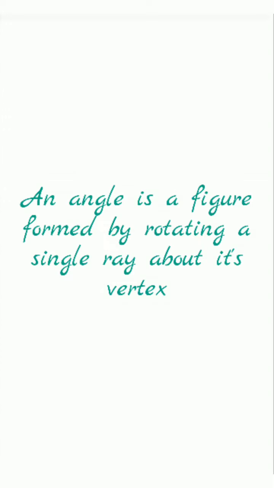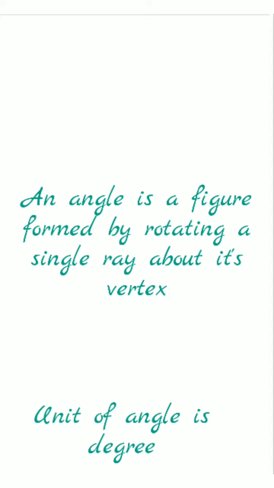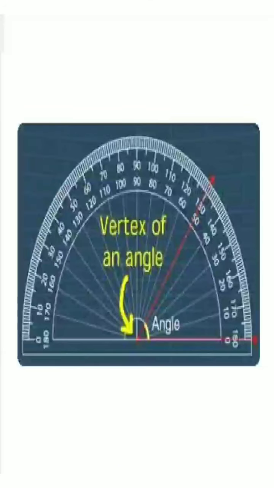So, an angle can be defined as the figure formed by rotating a single ray about its vertex or the end point, and the amount of its rotation, that is, how much the ray has rotated, can be measured using the unit called degree. You can use the instrument called protractor to measure an angle.